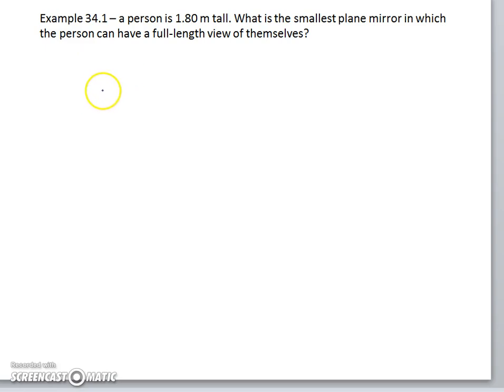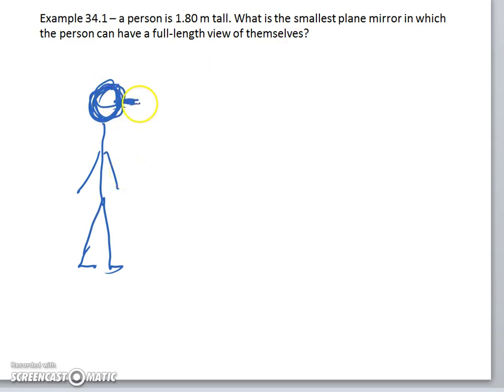So let's think instead. So here's my person. And I'm going to just assume that at the level of half of the head is where the eyes are, which is about right. Okay, that's not a very good person. Anyway, this is the level of the eye. And here is a plane mirror, and we'll see how much length of that plane mirror we need.